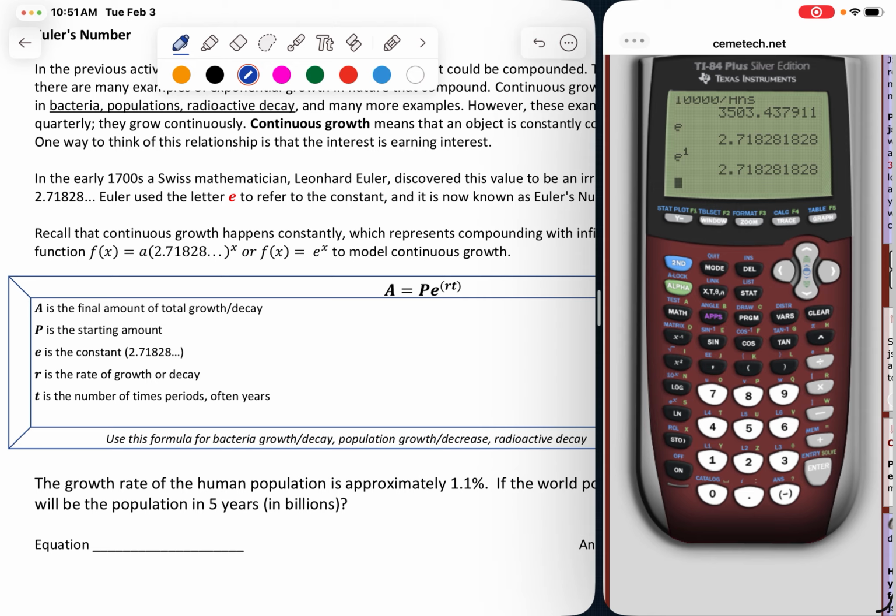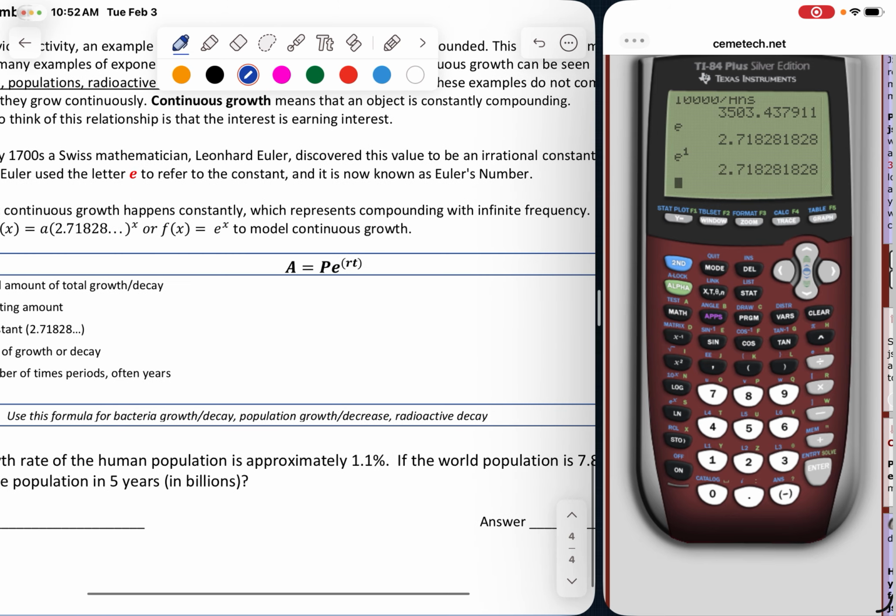P is the starting amount, the initial amount, the principal. e is that base, which is a constant. It is, instead of using 1 plus or 1 minus something, the base of e, which is the button in our calculator that represents the number 2.71828. r is our rate of growth written as a decimal, or decay. And then t is the number of time periods, often years, okay?